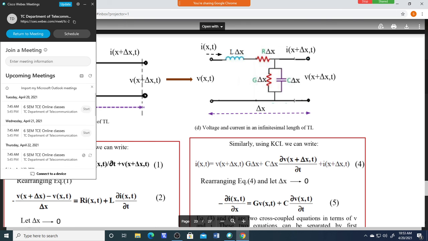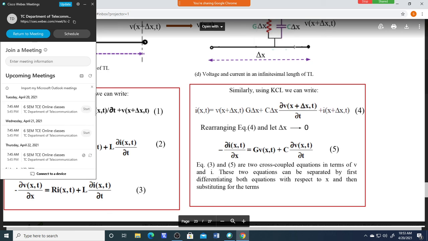So V of x comma t equals the voltage across resistance, plus the voltage across the inductor, plus the voltage across the terminal, which we keep as this value. Now rearranging this equation.